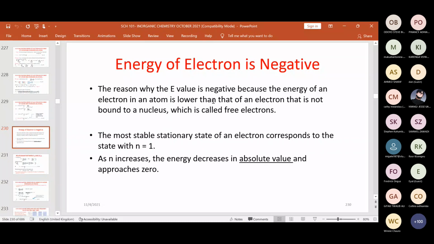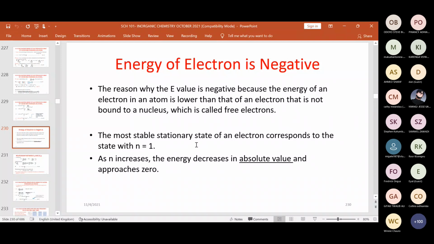As the electron moves to a higher energy level, it gains energy, so it becomes more and more positive. And then when it's completely out of the atom, its energy will be zero, meaning that it's no longer bound to that particular nucleus. So we know that the most stable stationary state of the electron corresponds to when the value of n is equal to 1.